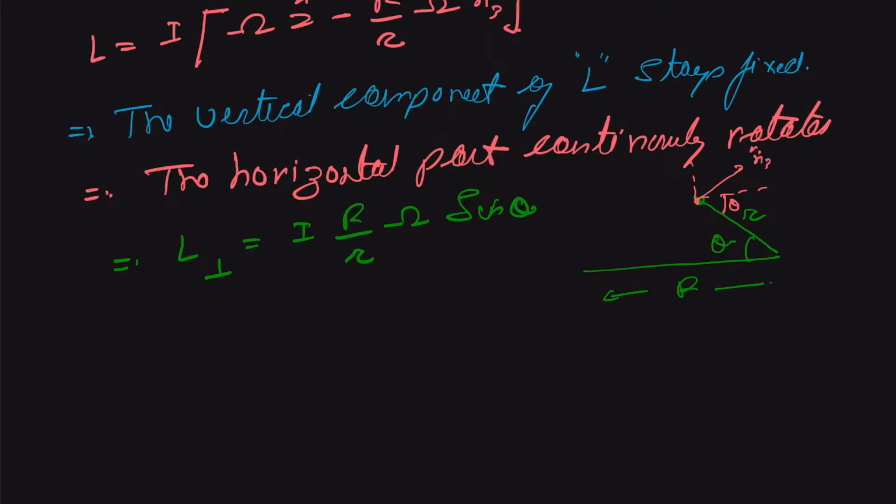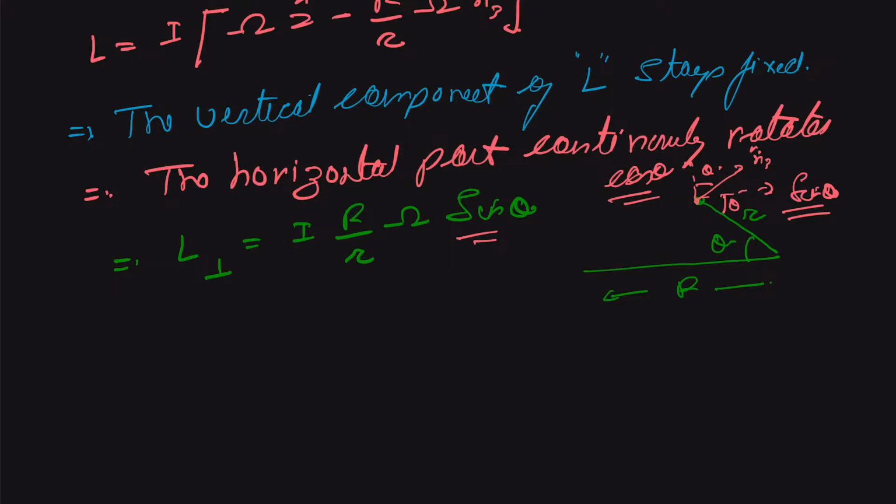So obviously this angle will be also theta and this angle will be also theta. So from here we get a horizontal component which is sine of theta, and the vertical component will be cos of theta. So vertical component is not going to change, only this horizontal component is going to change. So that's why we are going to get this as a theta.